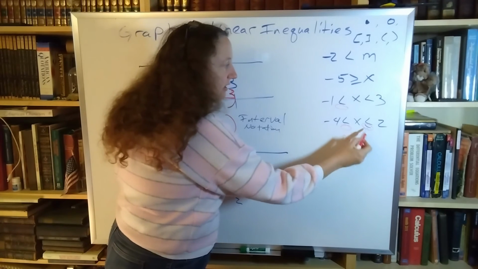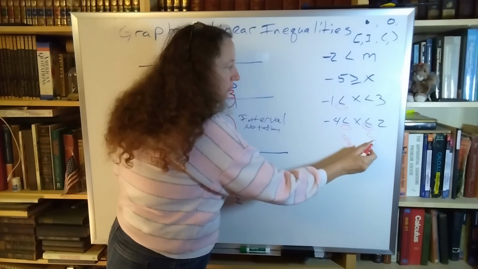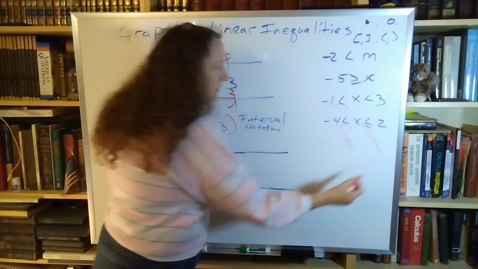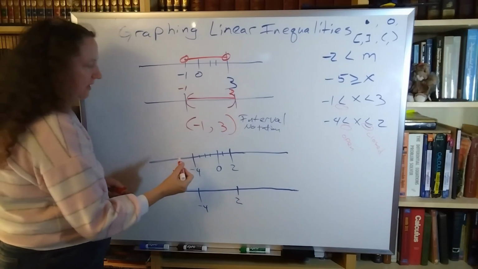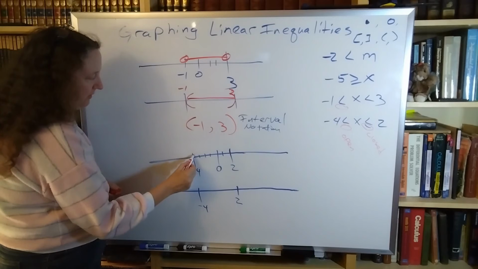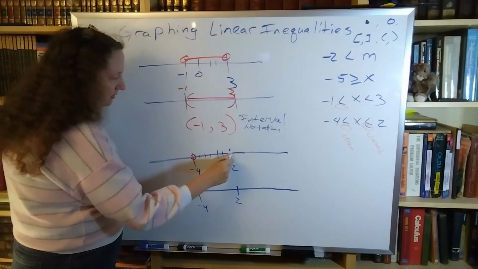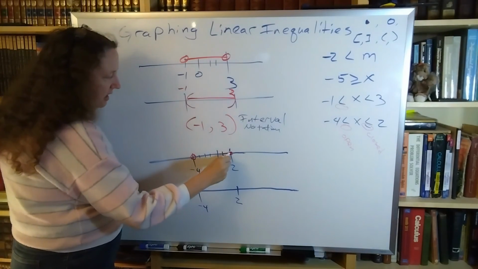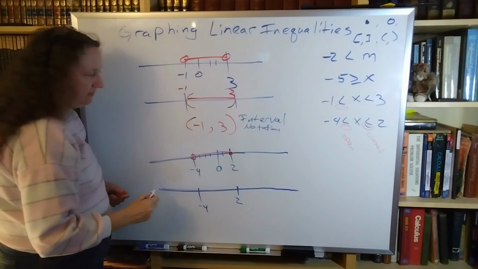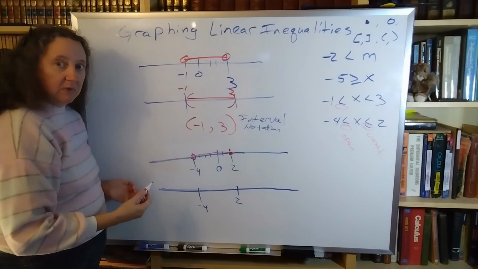And I see that it does equal there, so that's going to be closed. So I have my open dot here, and I have my closed dot there. And I have the line in between them. Done.